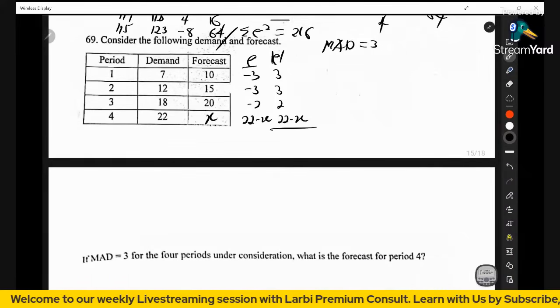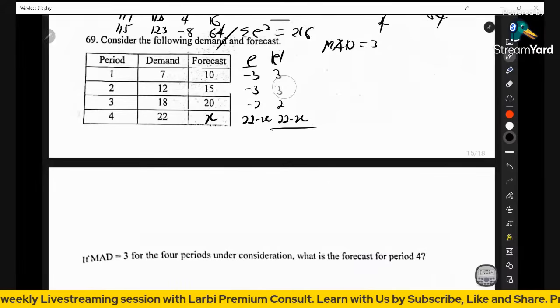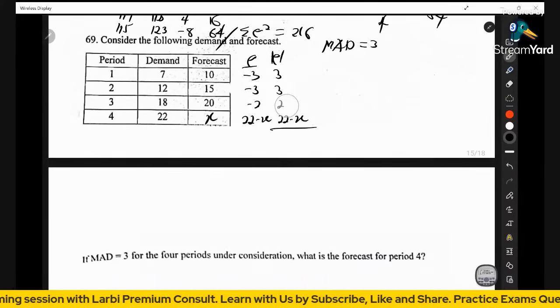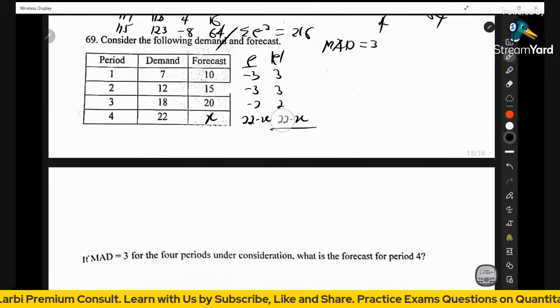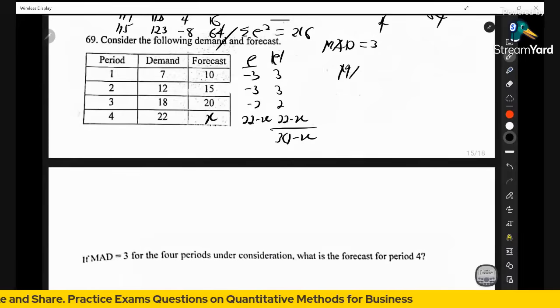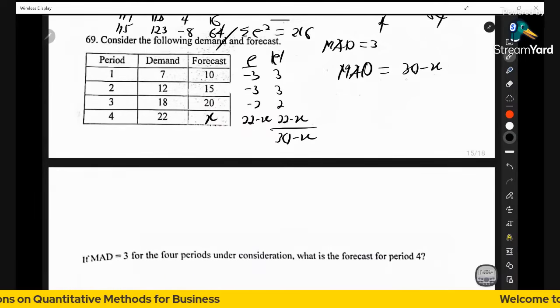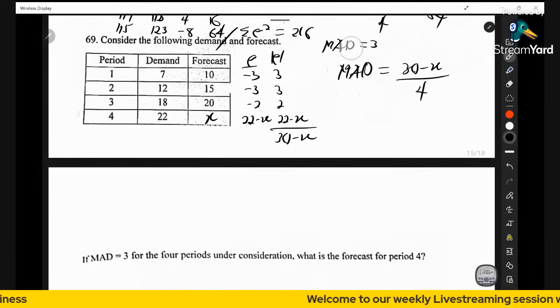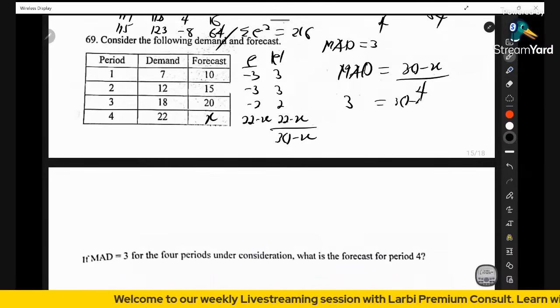So you sum them up. 3 plus 3 is 6, plus 2 is 8, plus 22 is 30. So our total sum is 30 minus x. Therefore, our mean absolute deviation should be equal to 30 minus x divided by 4. But we know the mean absolute deviation to be 3, right? So we have 3 equal to 30 minus x.